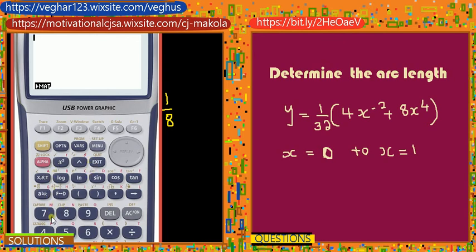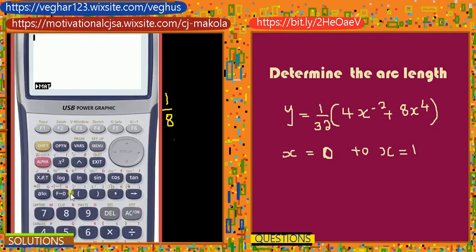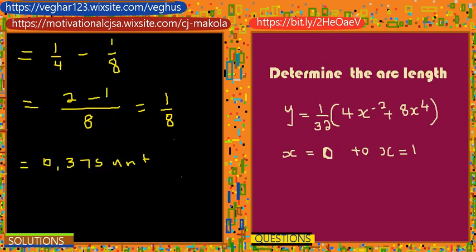So we have 1 over 4 minus 1 over 8. 1 divided by 4, minus 1 divided by 8, or it's 1.125... it is 0.125 unit. Is it unit? Yeah, unit.